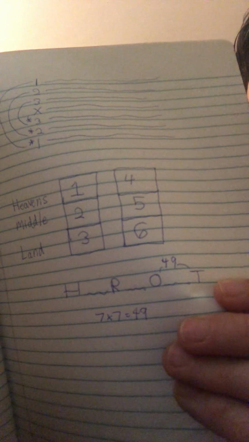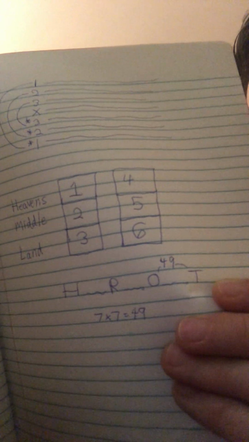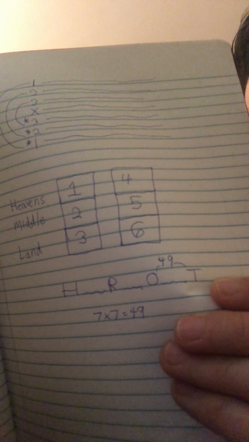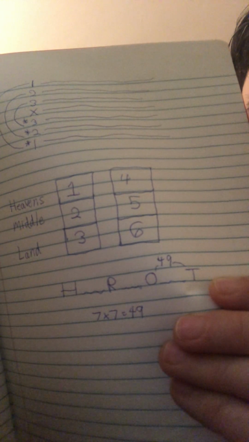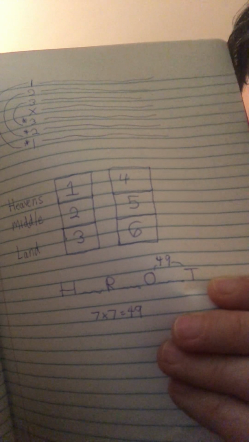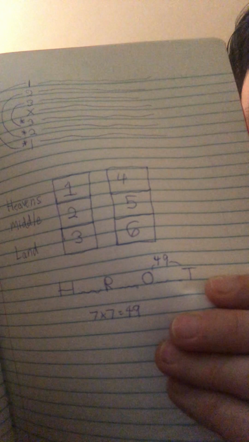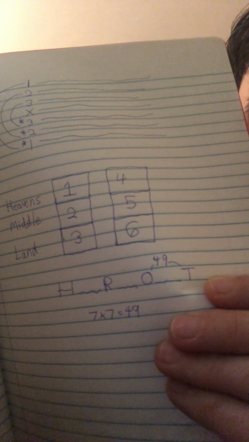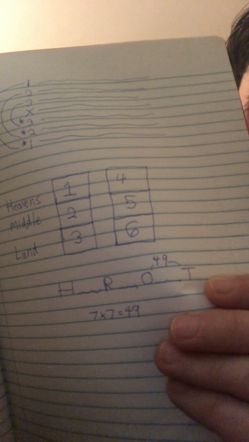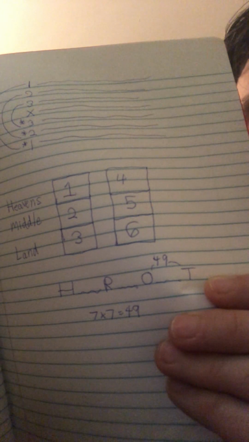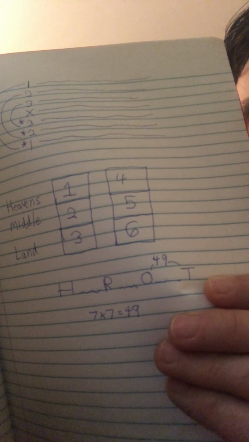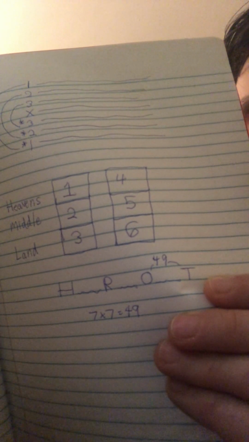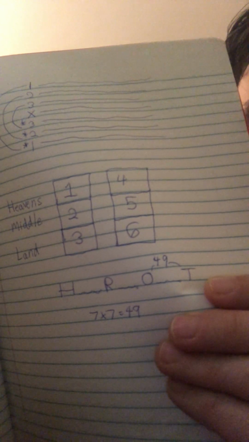First column, day 1, you have light being divided from the darkness and called day. And then in day 2, you have the upper and lower waters dividing, and the upper waters are called heavens, and the lower waters are called sea.